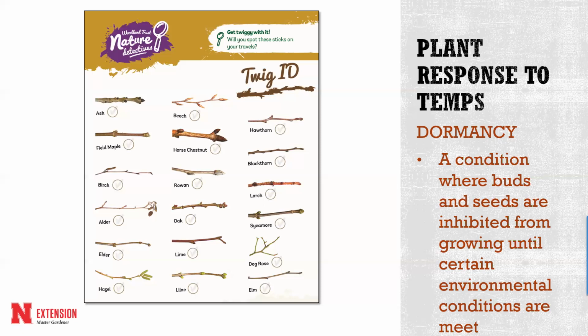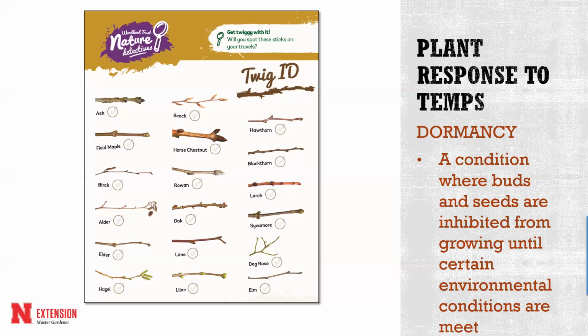For example, most apples need to be between 800 and 1100 chilling hours in order for those buds to start breaking dormancy. While there's this rabbit eye blueberry that you can grow further south, that really only needs 400 to 700 hours of chill time in order for those buds to break dormancy.